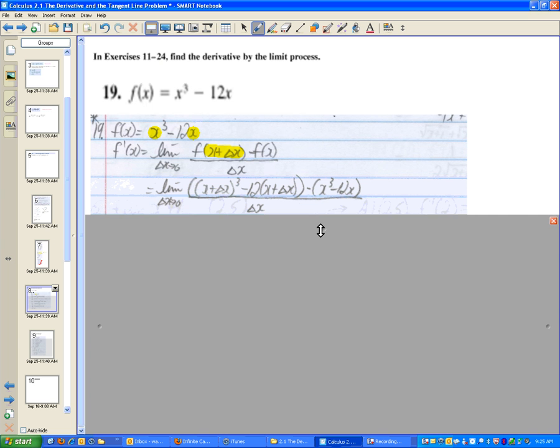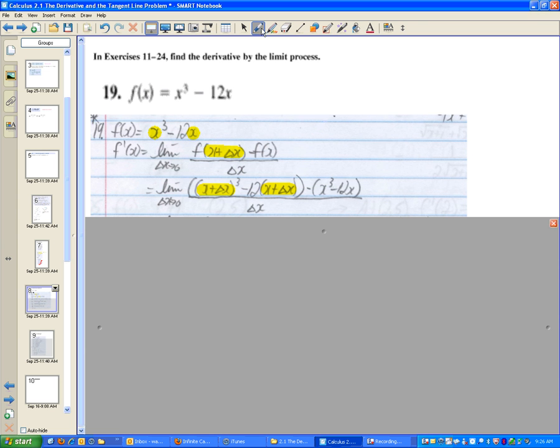So we've got the limit as delta x approaches 0 of, instead of x cubed, it's x plus delta x cubed, minus, instead of 12x, it's 12 times x plus delta x. You see what we've done there?